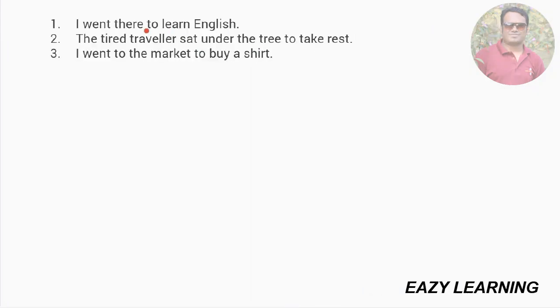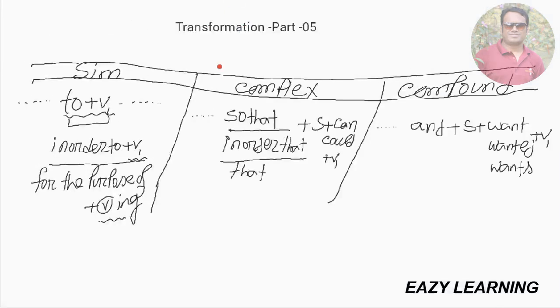That means you will get here "in order to" or "for the purpose of learning". So this is the difference, because "to plus verb 1" and "in order to plus verb 1" are the same, but this is not the same. When you get "for the purpose of", after it you will get verb-ing. So this is the difference between them.